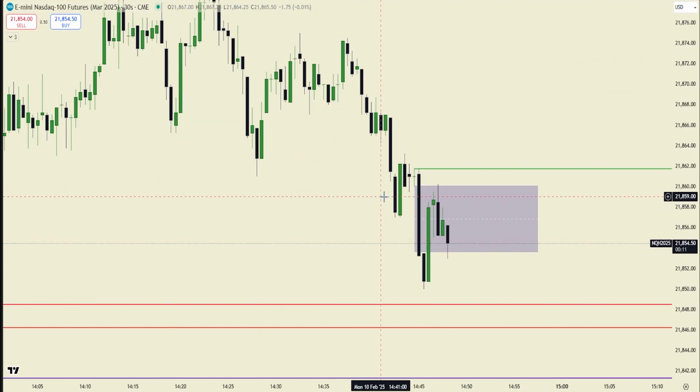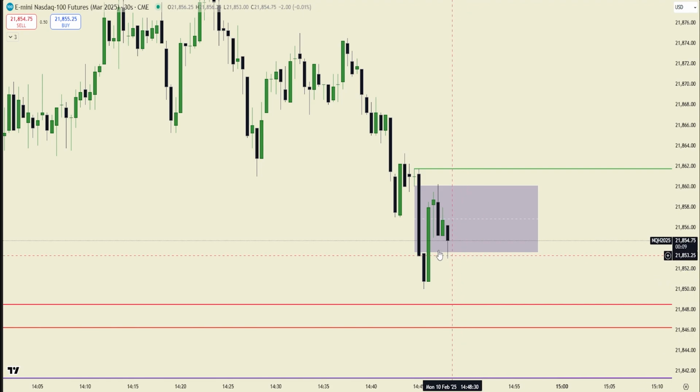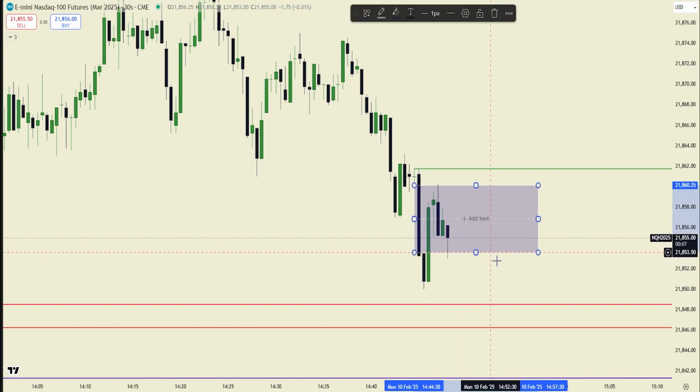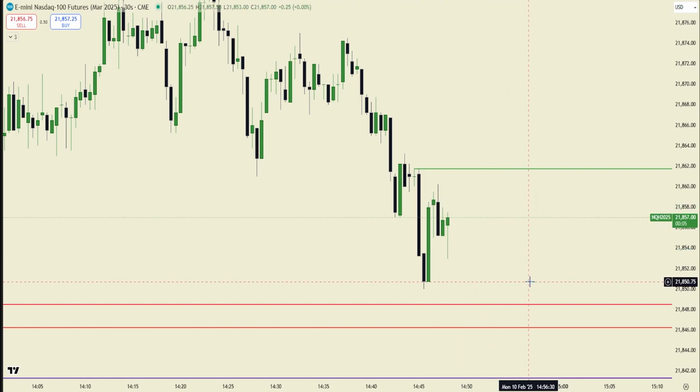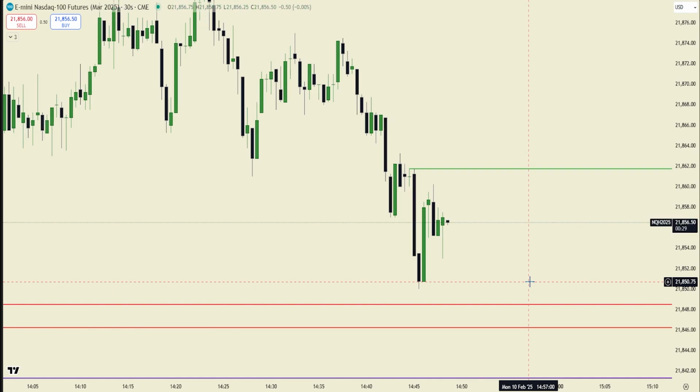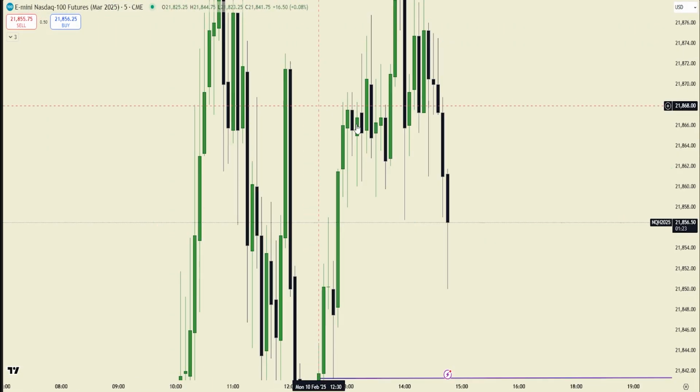It looks like this doesn't want to inverse. If we inverse this tiny 30-second BPR, we'll probably just keep heading lower. We've got a minute and a half before the 5-minute candle closes, so let's keep an eye on this.